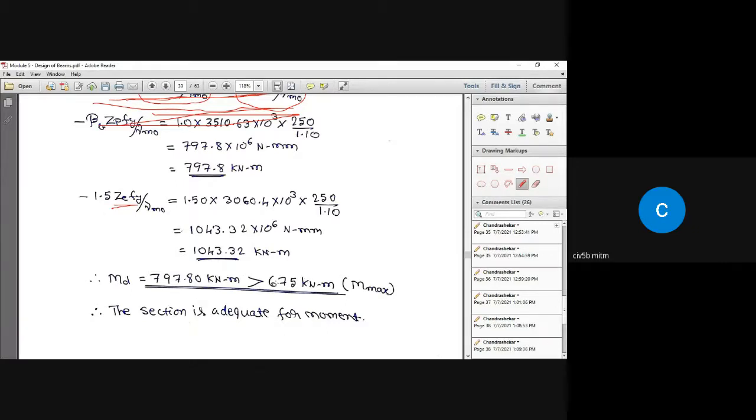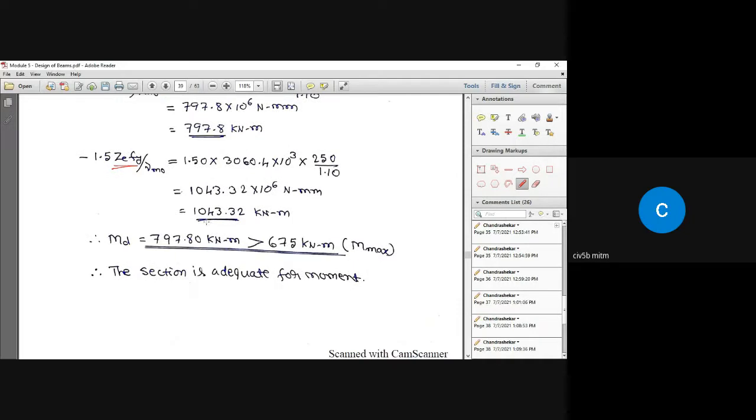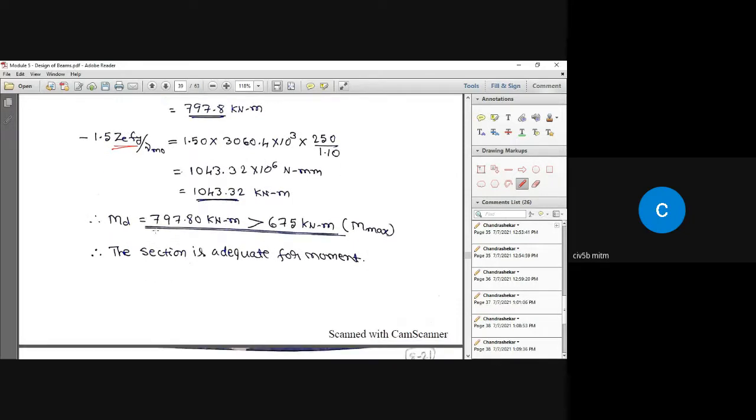In other words, take the lesser of 797.8 and 1043.32, and that is the design strength or design capacity of the section.